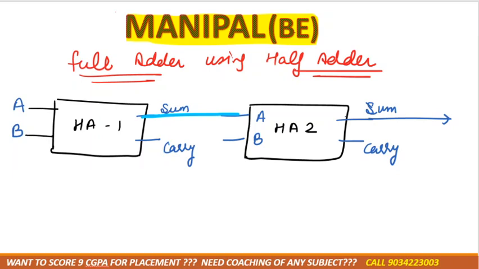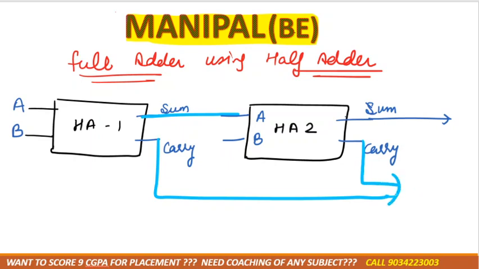Now the carry output of the first half adder and the carry output of the second half adder will be combined with the OR gate. It will give the final carry output. Okay, this is the final sum, this is the final carry.